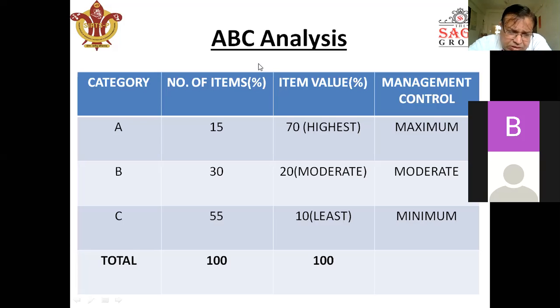If you have a medical shop or any kind of shop, for highly expensive items you have to keep one or two pieces, because the majority of your capital is invested in them. Moderate items you can keep in larger numbers, and C items, which are less costly, you can purchase in maximum quantity so that your shop is completely filled. There is no empty space.